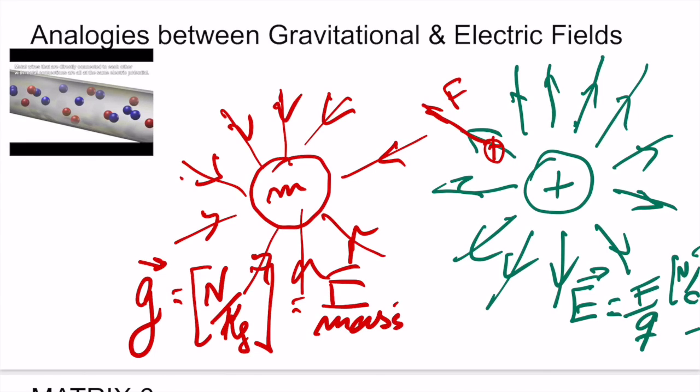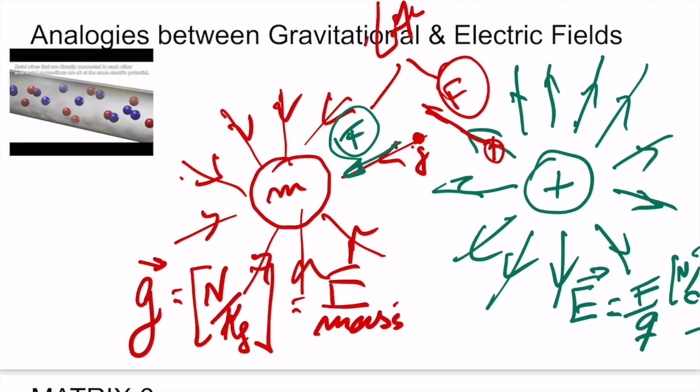So if you put a test mass, a unit mass, like 1 kilogram here, in this field, it will experience a force, and that force will accelerate it in this direction. So these are the two forces that manifest. One is of a different nature from the other, but they have similar laws, as we will see. The laws that quantify these forces are quite similar.